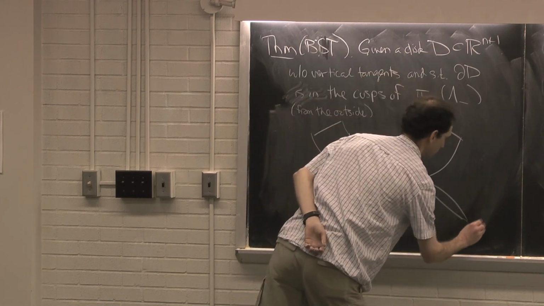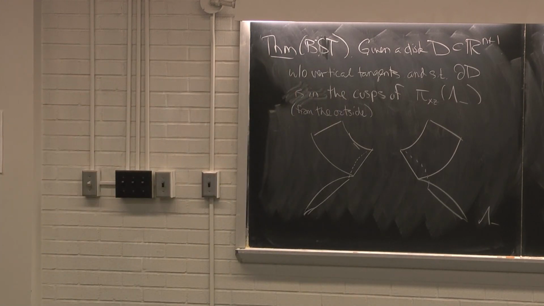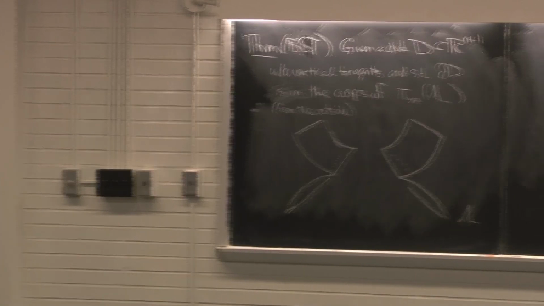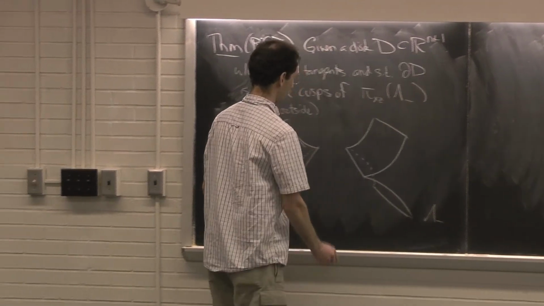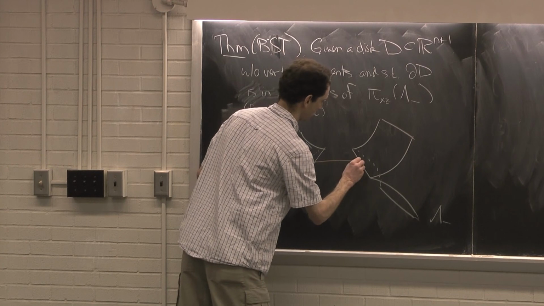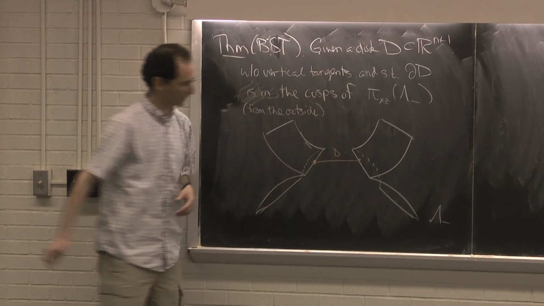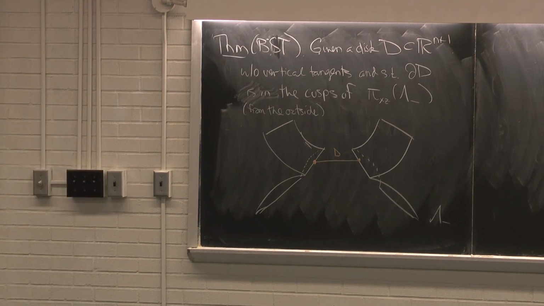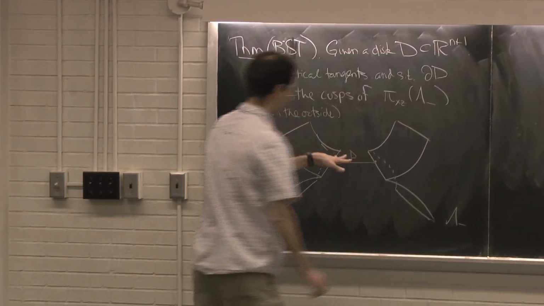Okay, so all of these are just different pieces of the front at the bottom. And then I want a disk. How about a 1-disk whose boundary lies on the outside, so it gets attached to the cusp from the outside. Right, so this is my setup.